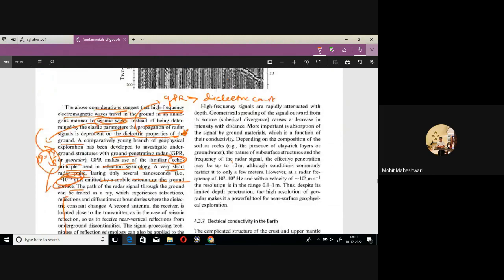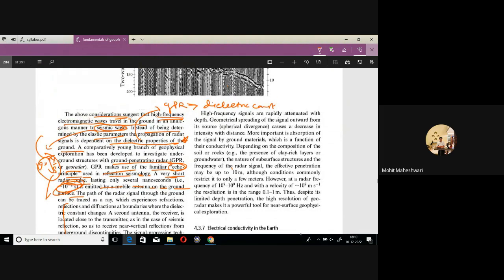The next thing, the main point, from here you should note the important thing: it depends on the composition of the soil and rock, the nature of the subsurface texture, and the frequency of the radar signal.